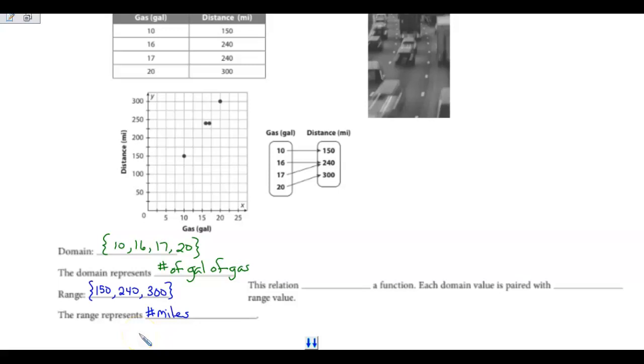This relation is or is not a function. Is not. Oh, it is. Because I have one input, each one has an output. So it is a function. Each domain value is paired with one range value.